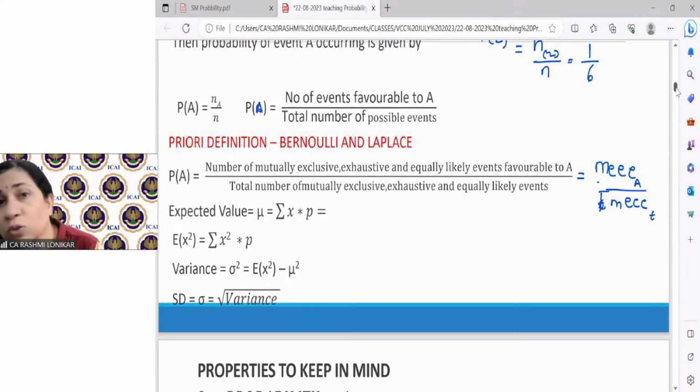I also have to talk about the volatility of this, especially when we are tracking stock market prices. So when I'm saying, what is the probability of a 10% rise in price of a particular share, I also have to consider the range within which this price is moving. That is called the standard deviation.